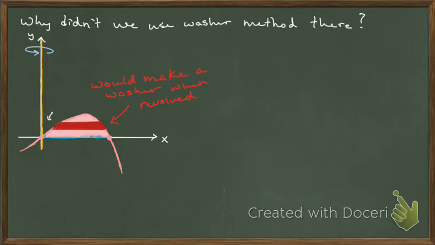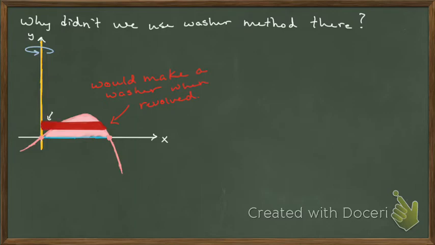This would definitely give me a washer when it's revolved around that y-axis, right? Not like the shell I had before. I need the height, right? It's easy to say height, but it's really the length here. Those terms are difficult, but I need this longer radius.